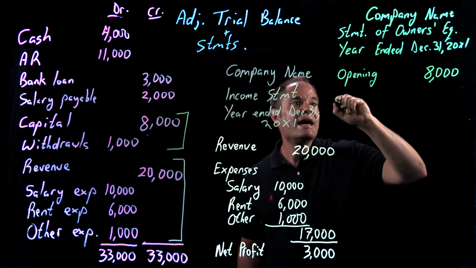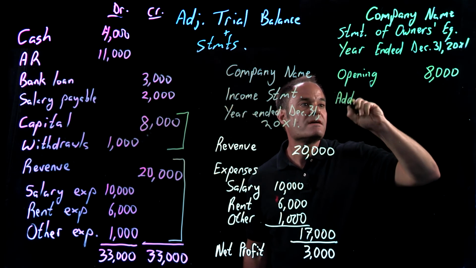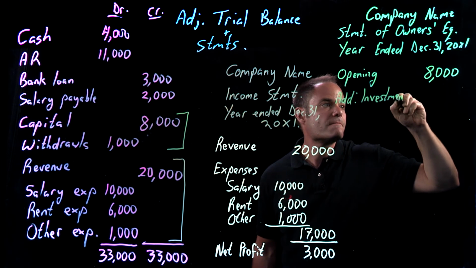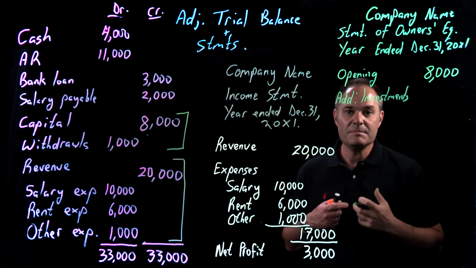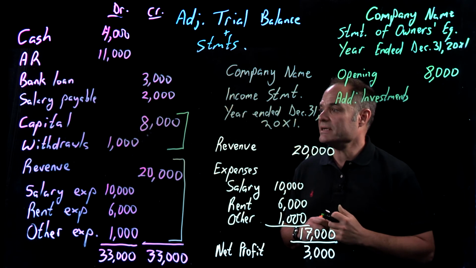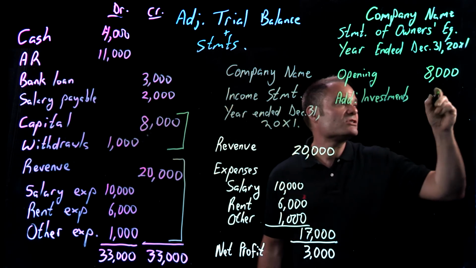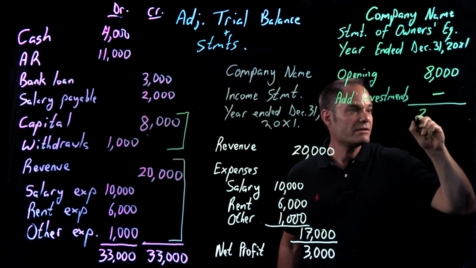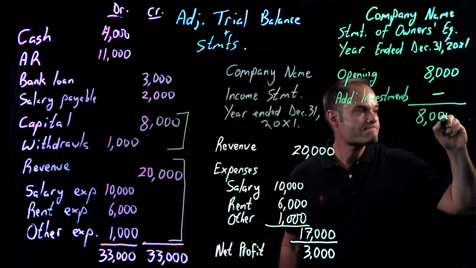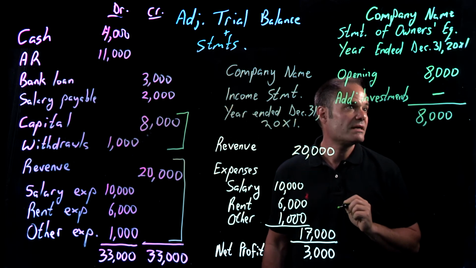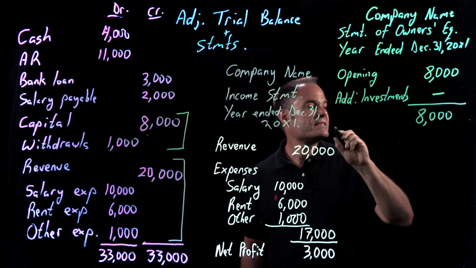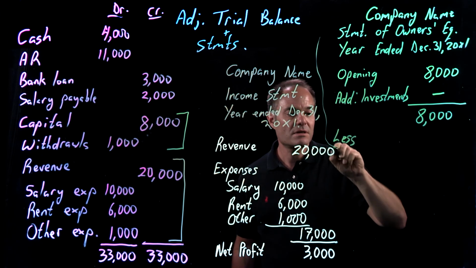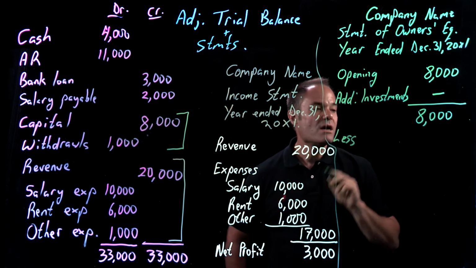And then we're going to add investments. So did the owner invest any money in the business during this period? Well, it doesn't show us any, so I'm going to say no. We normally take a subtotal here, $8,000.